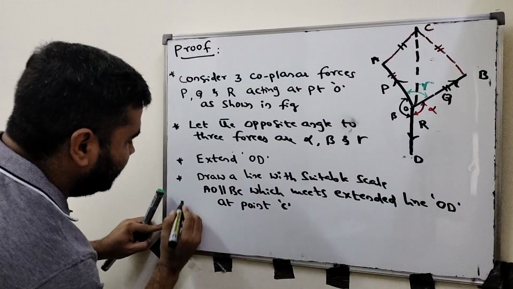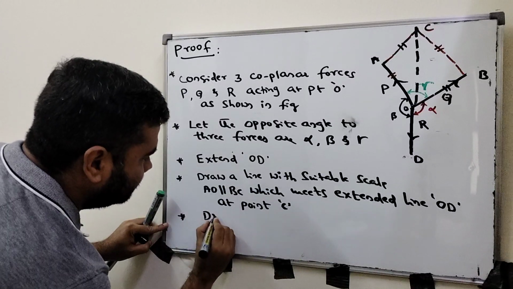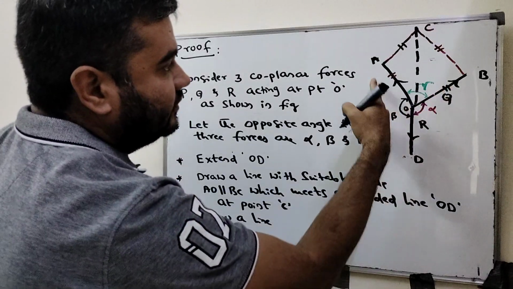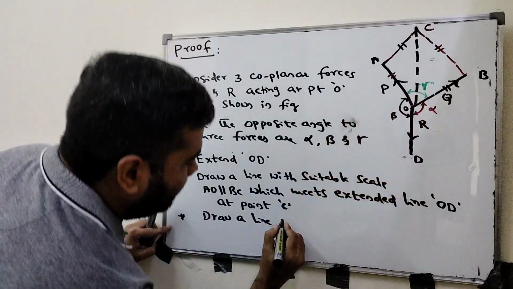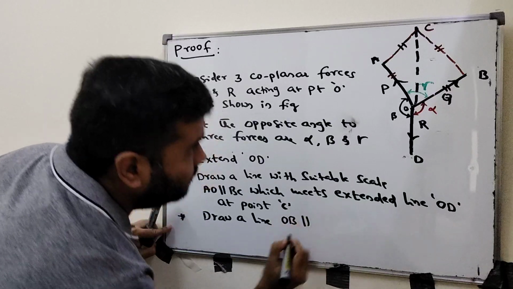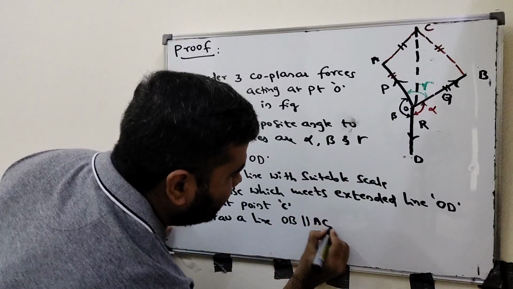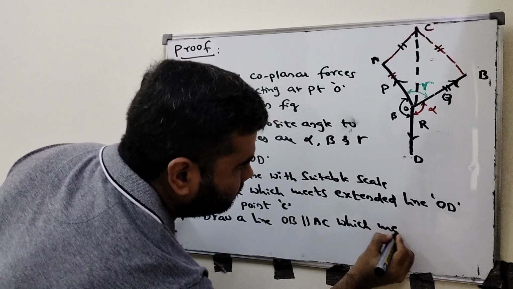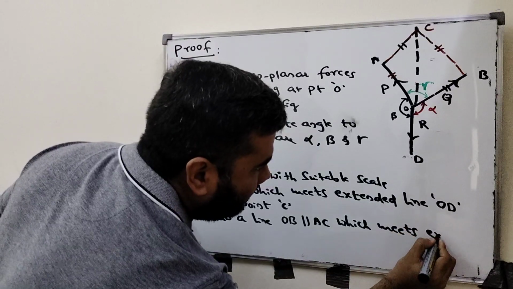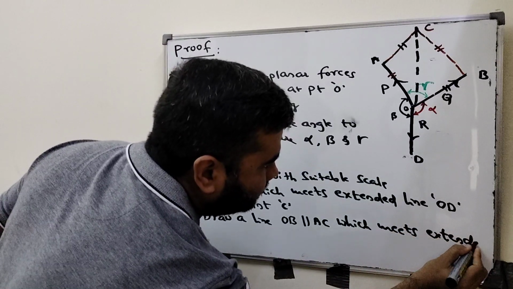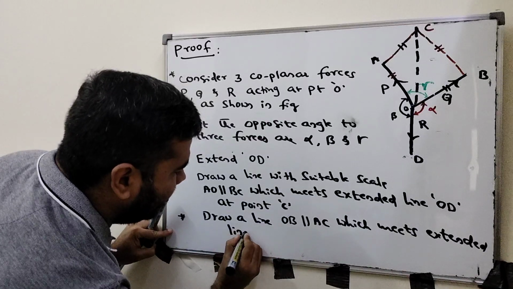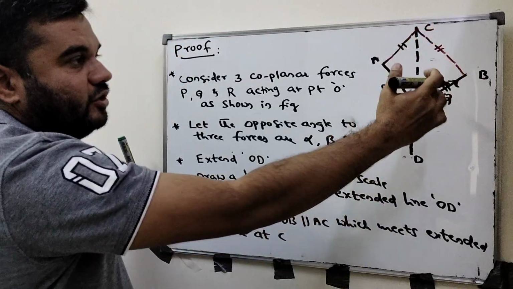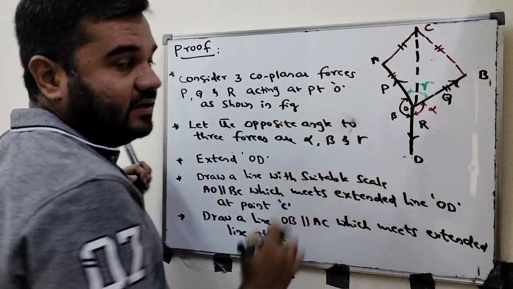Similarly, what is the next point? Draw a line OB parallel to AC, which meets the extended line at C. It means when you join AC and BC, C is the point here.